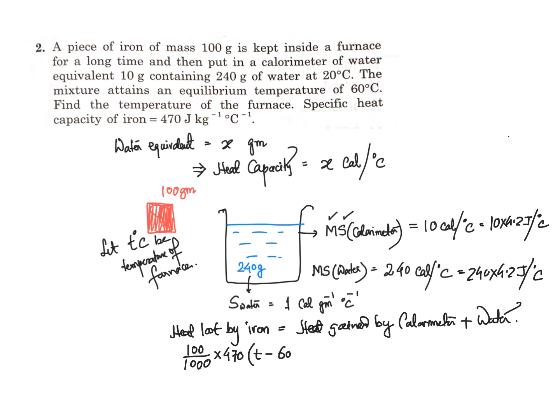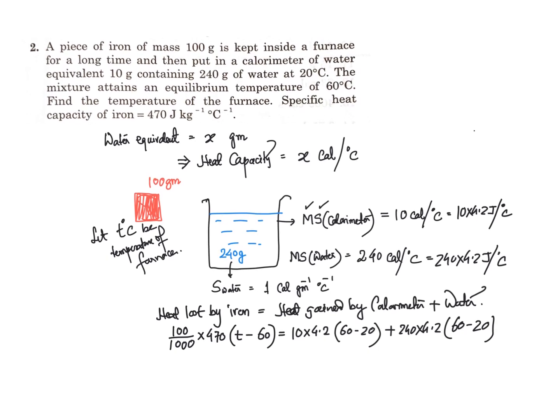Obviously T minus 60, iron temperature decreases. This is equal to heat gained by calorimeter, 10 into 4.2 for the calorimeter, heat capacity times change in temperature, 60 minus 20. And same for the water, 240 times 4.2 into 60 minus 20.